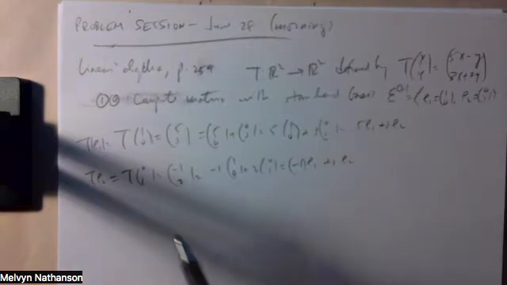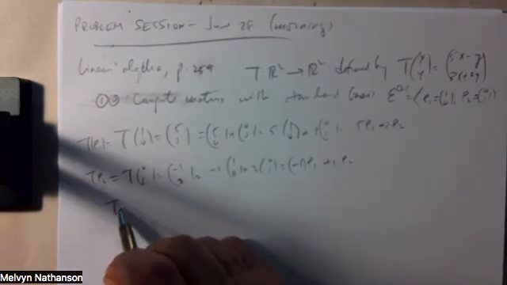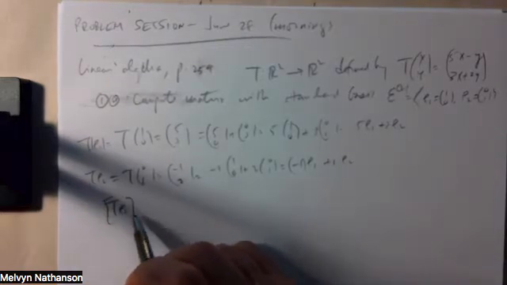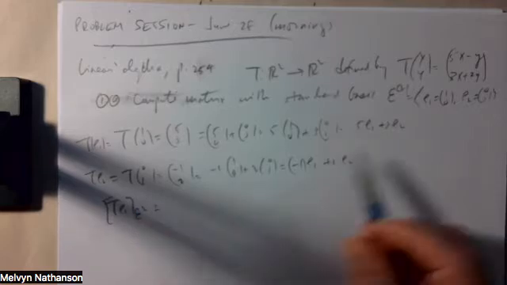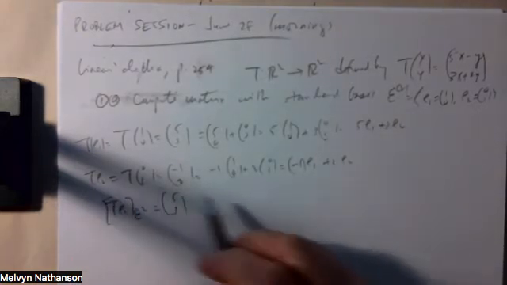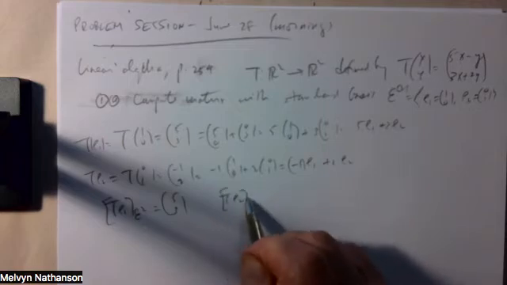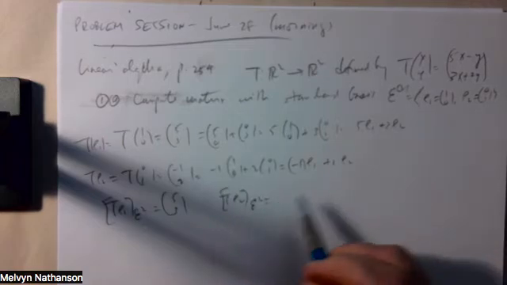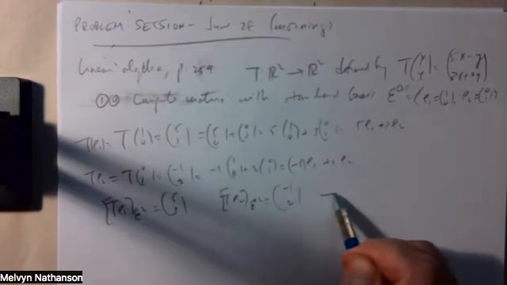And so if we were to write the coordinate vector of T of E1 with respect to this basis, it would just be (5, 3). And the coordinate vector for T of E2 with respect to this basis is (minus 1, 2).